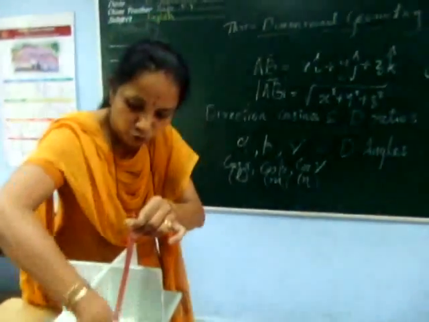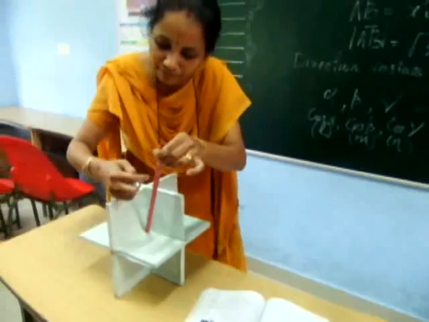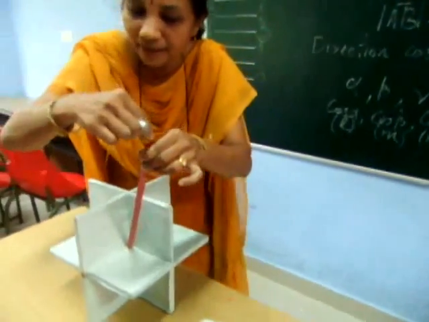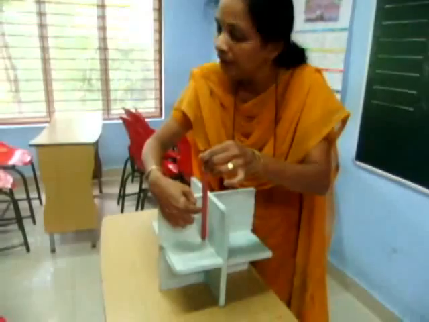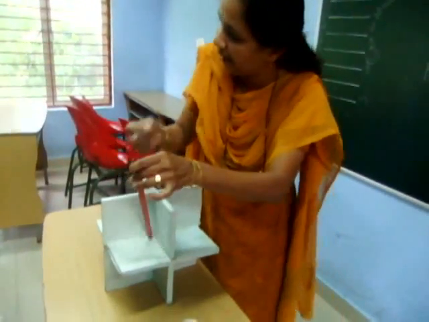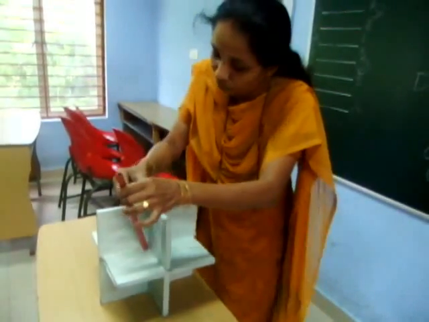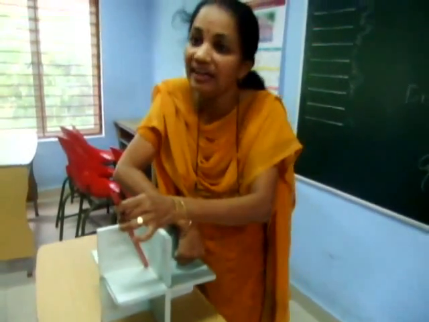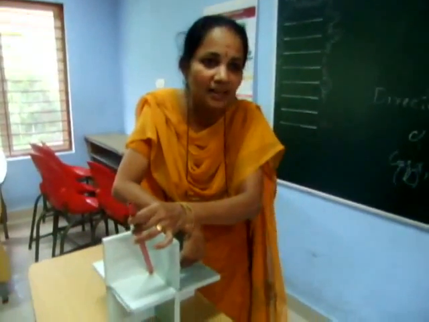When we measure this angle as alpha, the angle between the line and the positive direction of x-axis, the other angle with the negative direction of x-axis is 180 minus alpha.